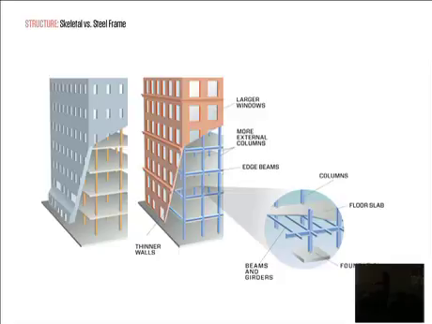The skin was pretty much decorative. Obviously, it kept the elements out, but it became decorative and it didn't need to bear any weight. So you had full, useful space on the bottom instead of an awful lot of the bottom taken up by masonry walls. So I like to show this because this is a really important concept to understand what's holding up a skyscraper. People are always saying to me, is the glass holding it up? The glass is doing nothing but keeping the wind and the water out.